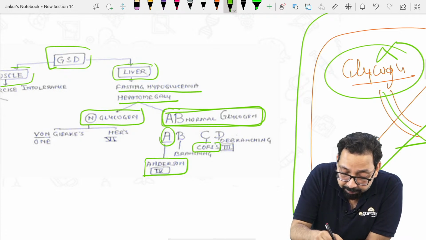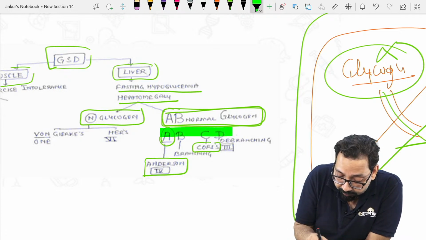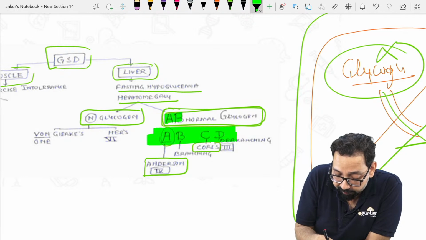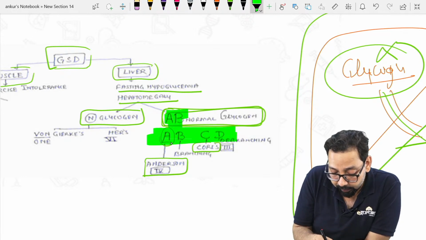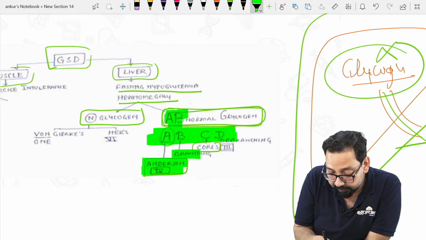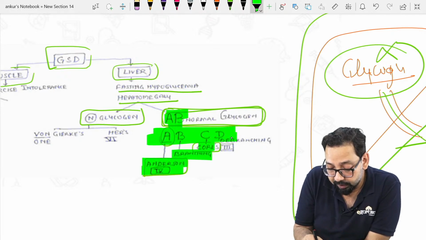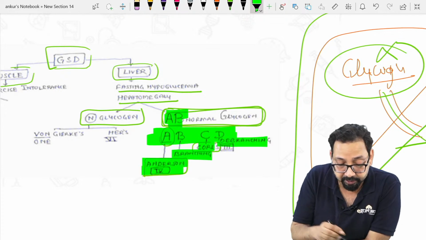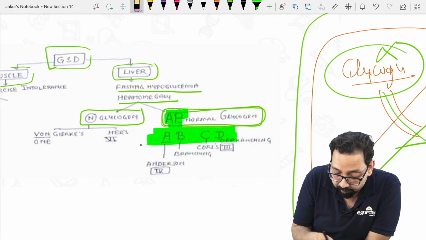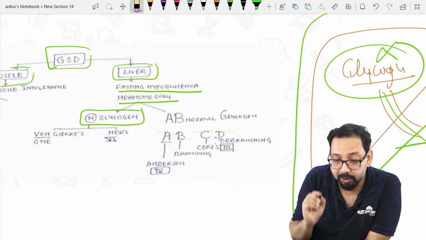The mnemonic is A B C D. A B for abnormal. Anderson disease, that is type 4, is branching enzyme deficient. Cori's disease, debranching enzyme is deficient. So you can very easily remember abnormal glycogen.